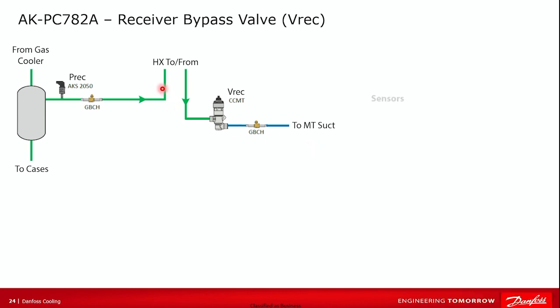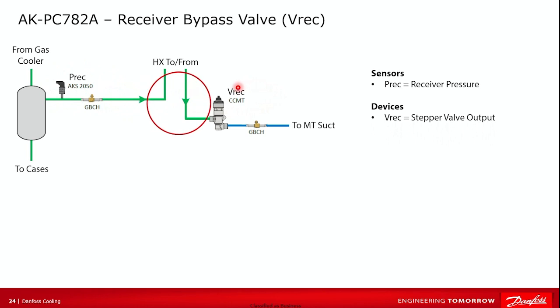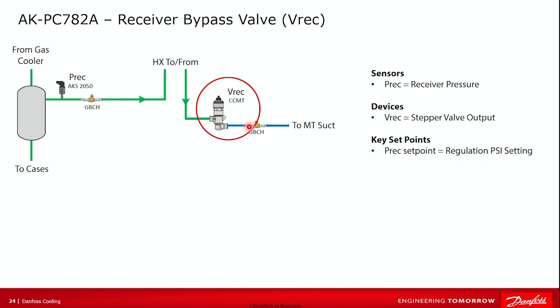It's looking at the pressure in the top of the receiver, and then it's using the receiver valve to open and close. As the pressure rises in the flash tank or the receiver, this valve opens to relieve some of it. As the pressure drops, it closes off to back some of the pressure up to raise it back up.